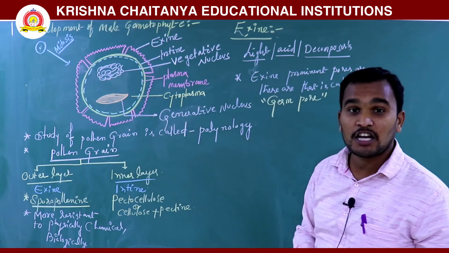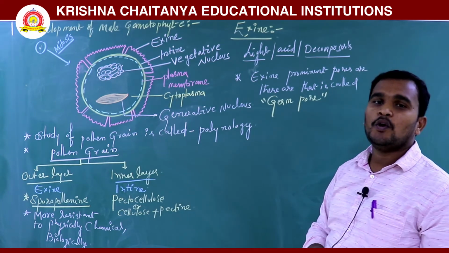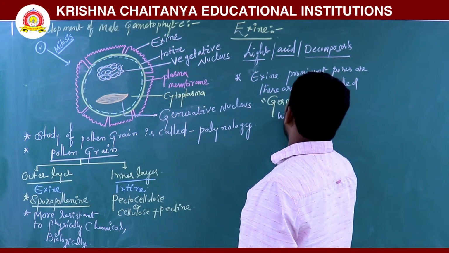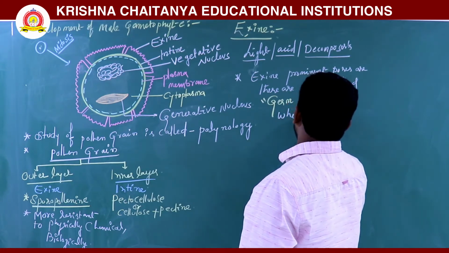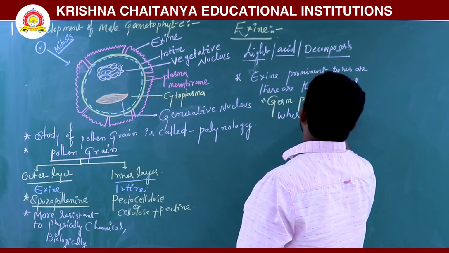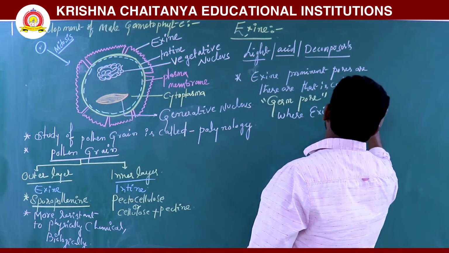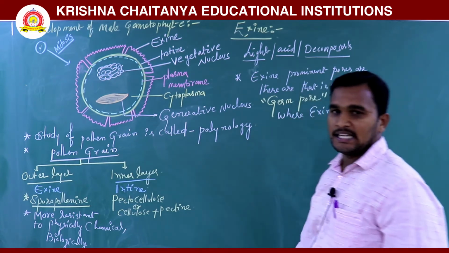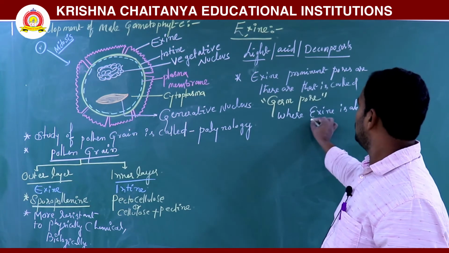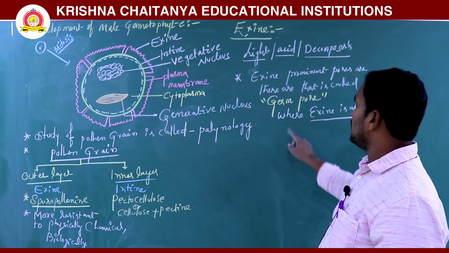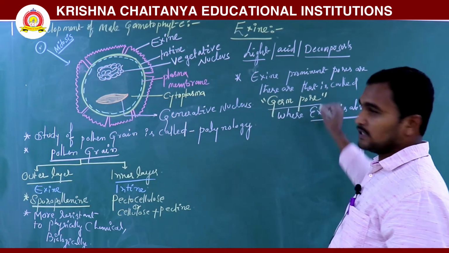Where is the germ pore present? Where the exine is absent. Where the exine is absent, where sporopollenin is absent, there the germ pore is present.